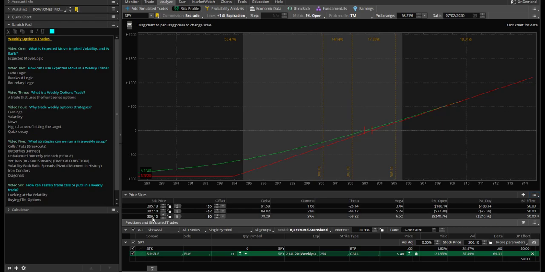It's $300.10. And then we've got a $2 move, and then we have a $5 move. So from its current location, if SPY was to run to 302.10 between now and the 2nd, this trade would still be in the hole $78. Okay?